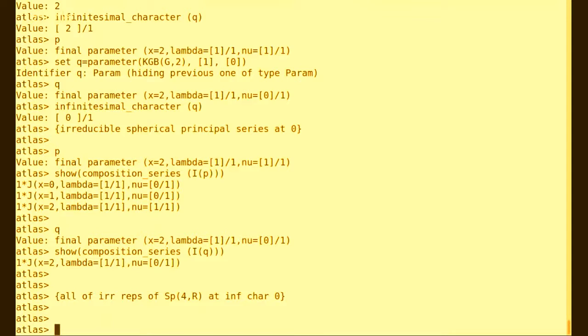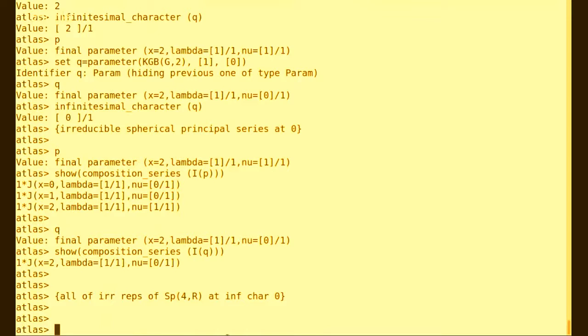You can take a principal series and set nu equal to 0, but things can go wrong when you do that. You have to worry about reducibility and so on. On the other hand, at the other extreme, if you have a discrete series representation and you try to set lambda equal to 0, that may or may not work.